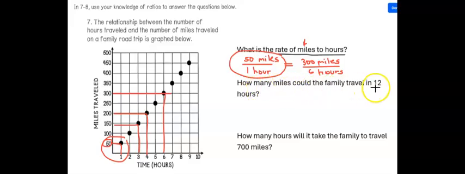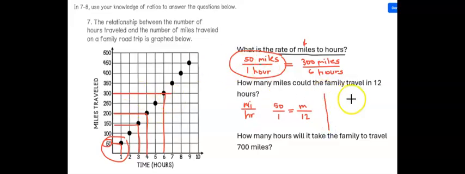How many miles could the family travel in 12 hours? Okay, so from this graph, we have a couple things we can do. We can keep the rates going as a proportion. So it's 50 to 1. And they want to know how many miles in 12 hours, and you can solve that rate problem.